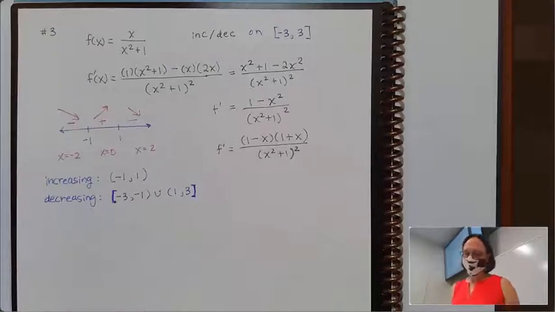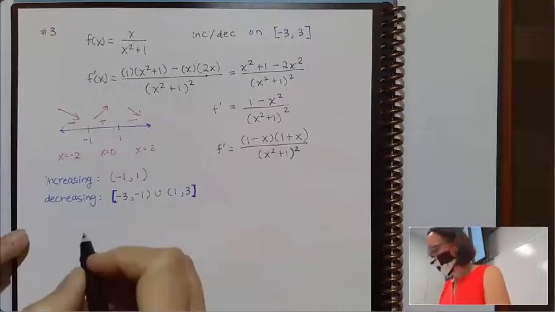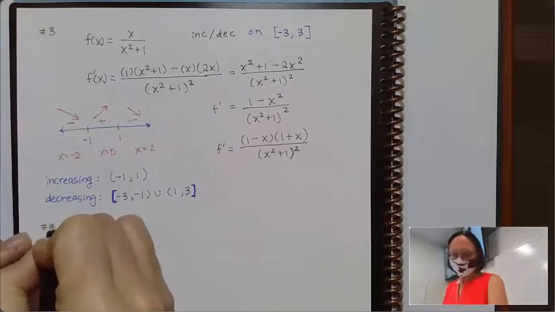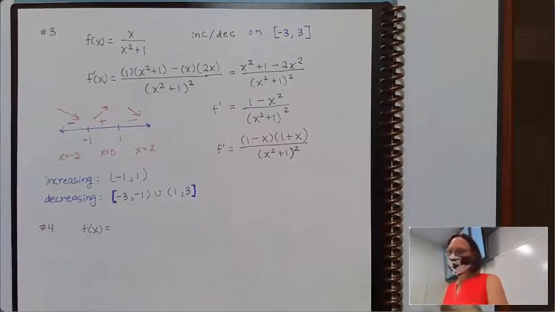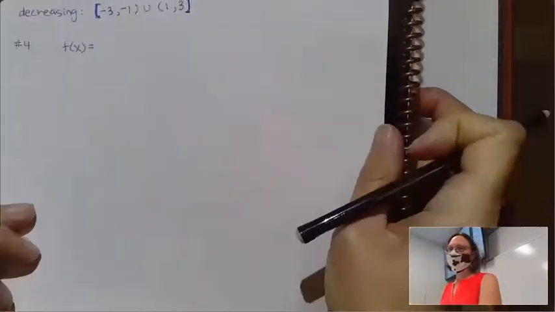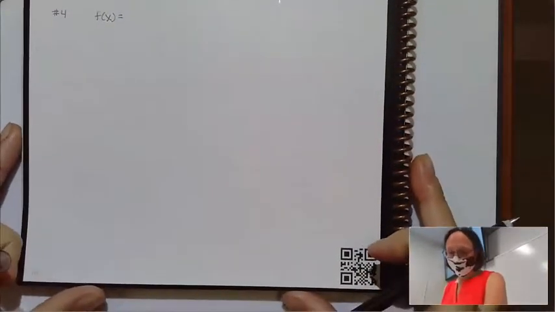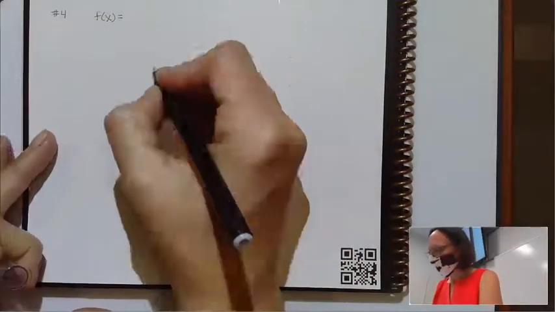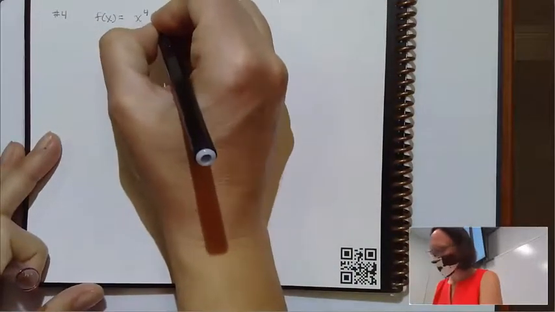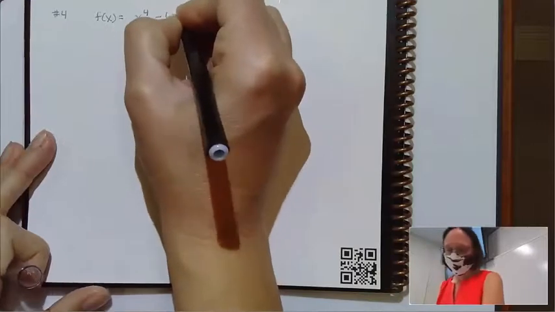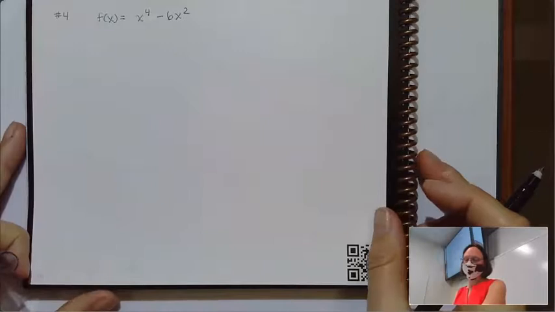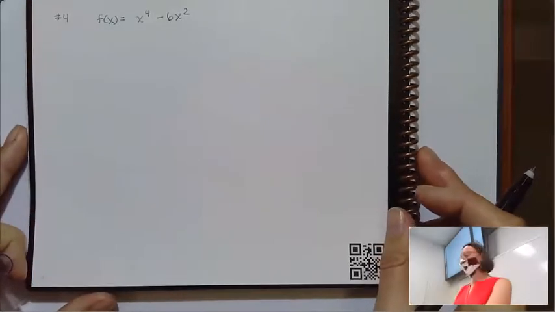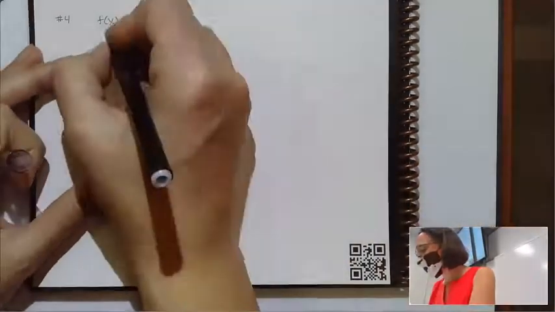And since we're on a roll, this next derivative will be super quick to take care of. Number 4, our function was x to the 4th minus 6x squared. And we're looking for where it's concave up and concave down. So I know that I'm going to need 2 derivatives.